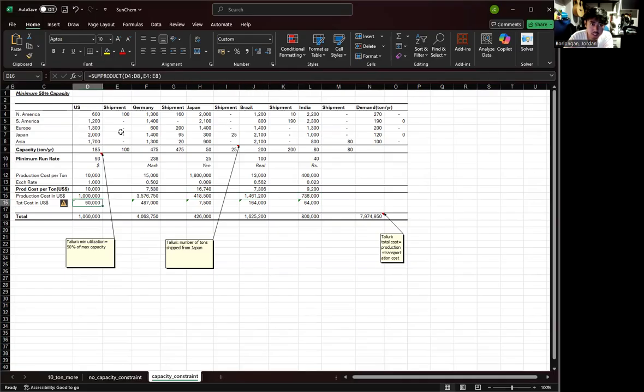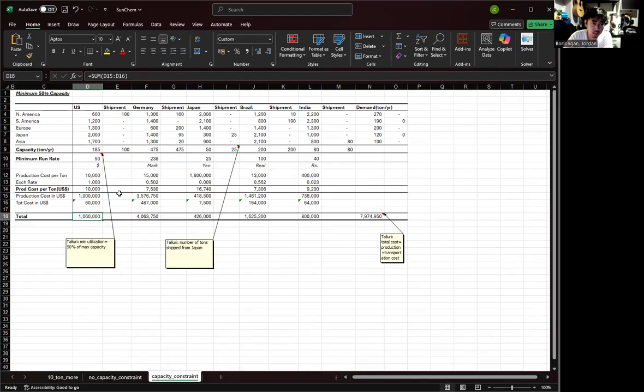As for the transportation costs, similar to the last problem, you just multiply all of the allocated shipments by their transportation cost. Then summarize it all, and that's the result right here.